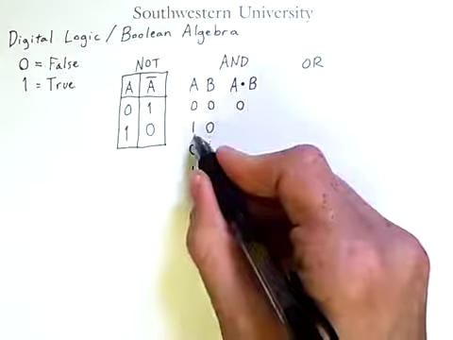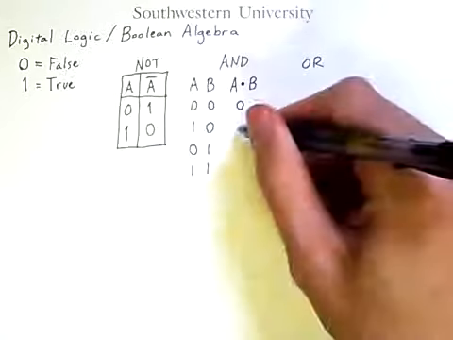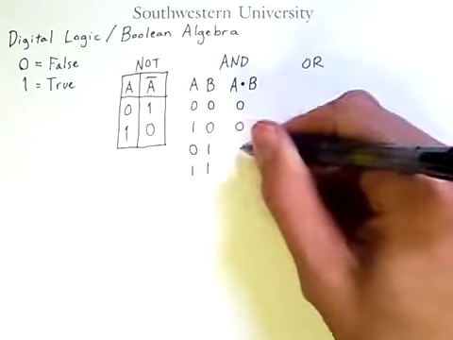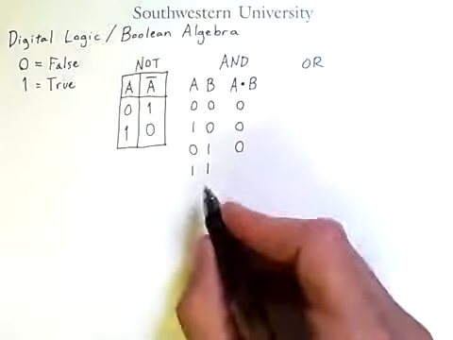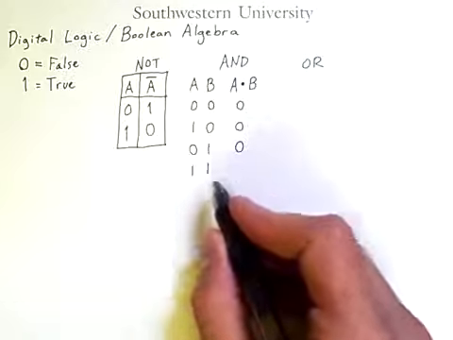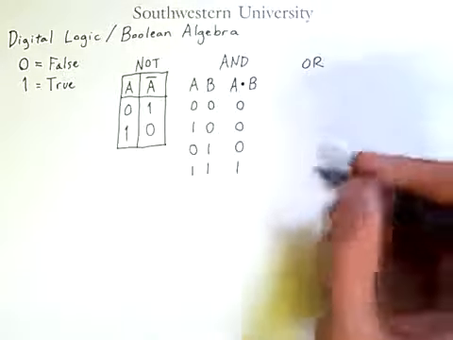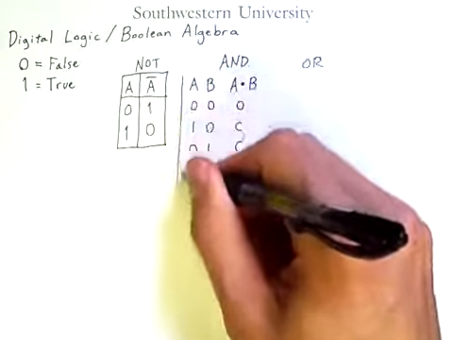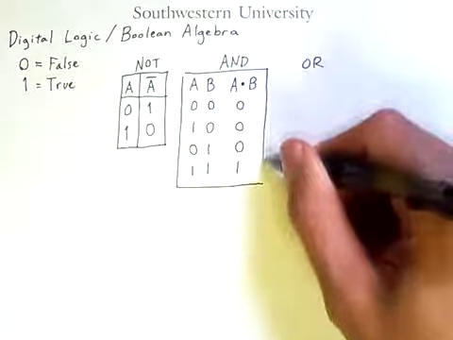If one of them is true and the other is false, well, then the answer to that question is still false, regardless of the order of those 2 values. I only have an answer of true if both of those variables are true, or 1. So here we have a truth table for logical AND.